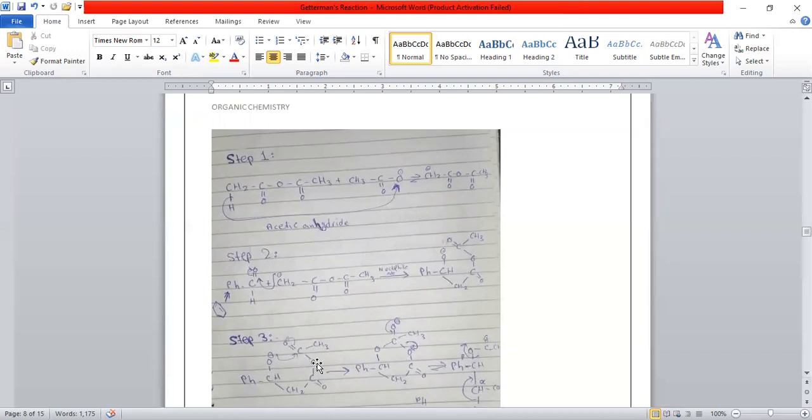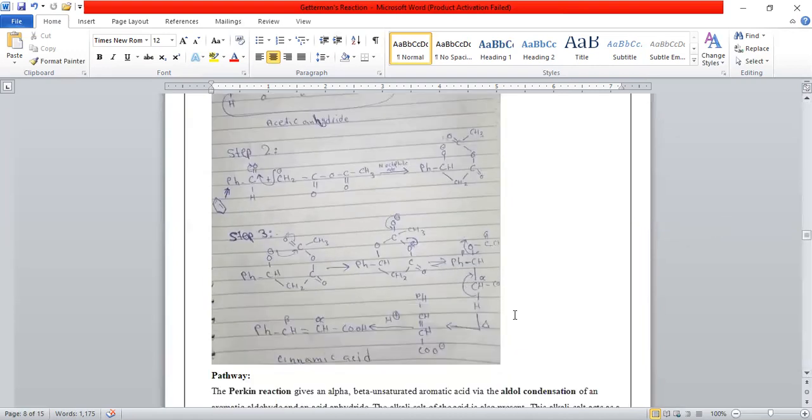This C=O is an anhydride structure, and in the first step of the addition reaction, the bond between the carbon and oxygen breaks and shifts onto the carbon, and the negative charge on the oxygen comes back to its position, and we get this structure.